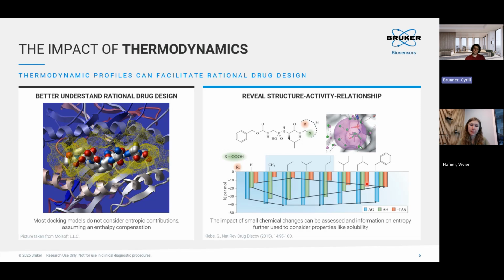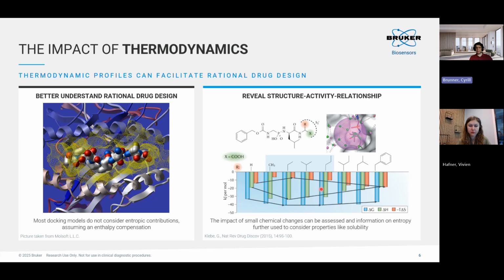Additionally, if you do structure-activity relationship, this goes a bit more into the classical medicinal chemistry pathway. So when you do small modifications of your lead compound, as you see here in this example, and with small, I really mean basically atom by atom changes, so going from a methyl to an ethyl group and so on, you want to understand how that influences the overall affinity. Obviously, that's something you can do classically with SPR, for instance, to determine the KD, but you also want to understand a bit better whether some of these changes might affect another component.